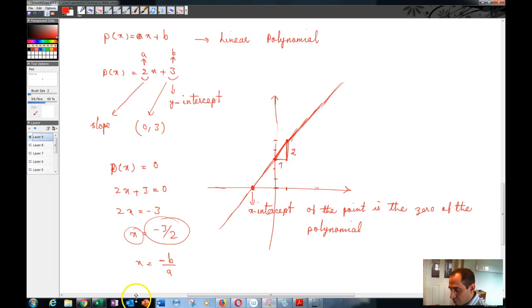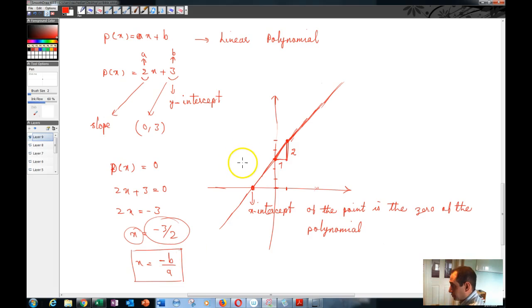That means that the zero of a linear polynomial ax plus b is that you can calculate it by negative b by a, and that's the relationship between the coefficients in a linear polynomial and the zero of the polynomial.